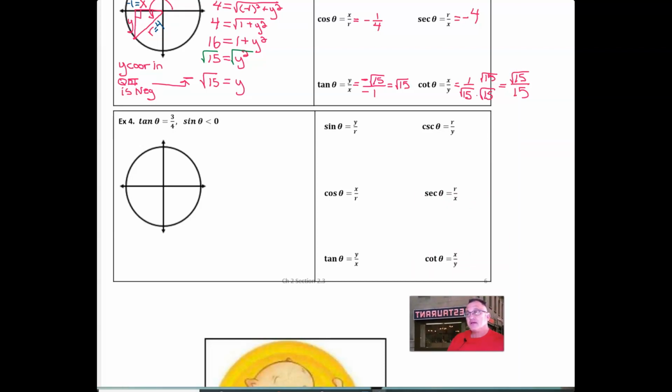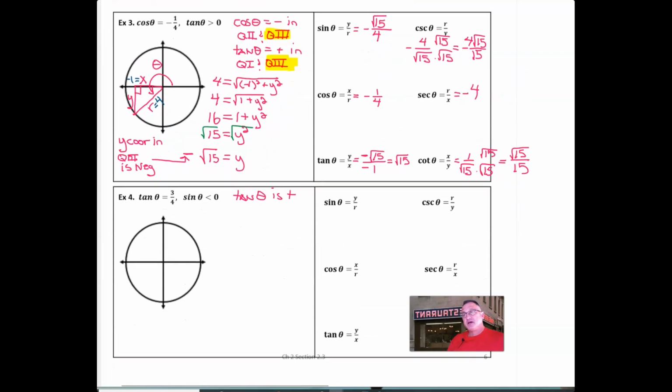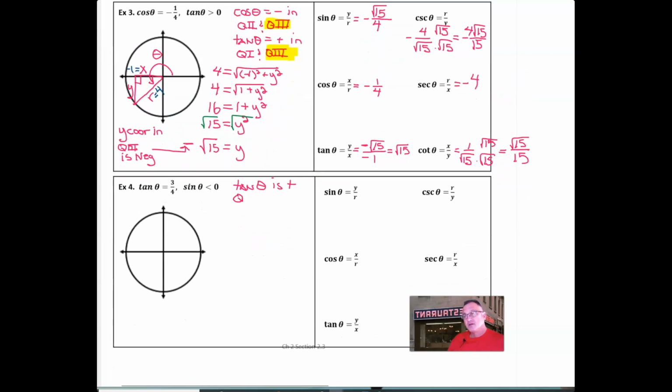Okay. Looking at this, we know that the tangent is positive, and tangent is positive in quadrants 1 and 3. Now this is telling me that the sine is less than 0, so the sine is negative, and that happens in quadrants 3 and 4.